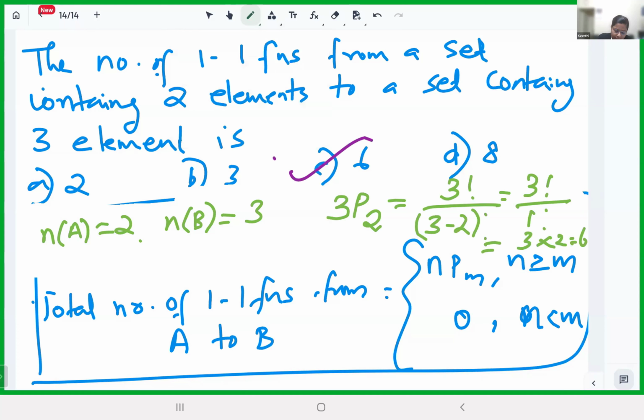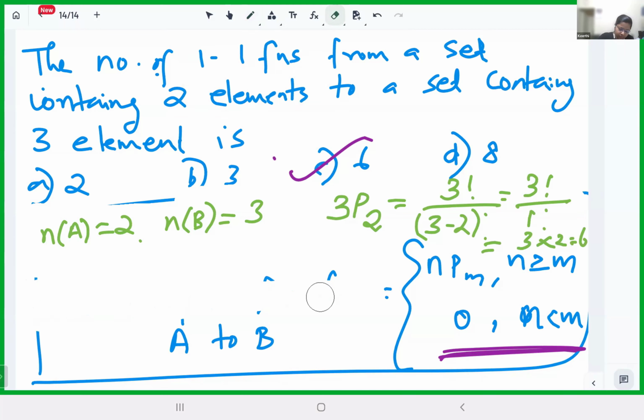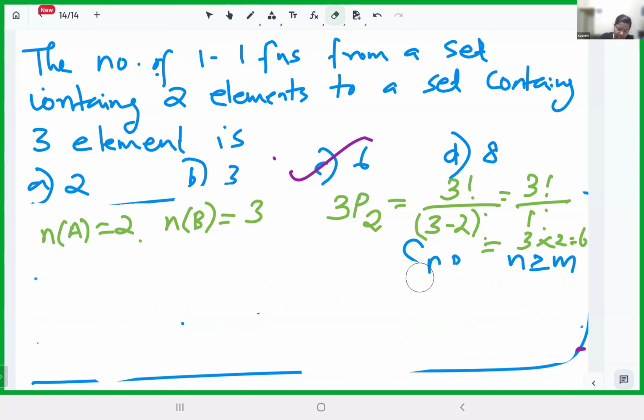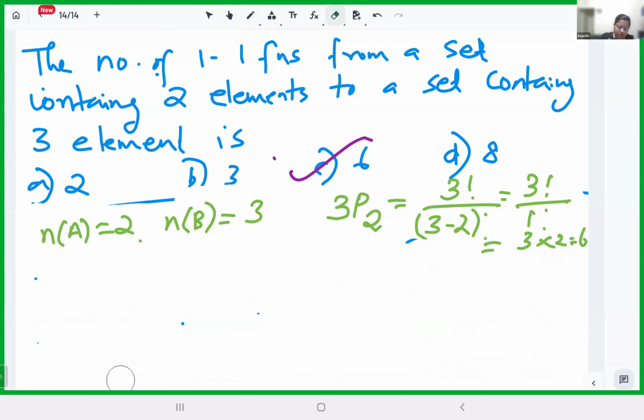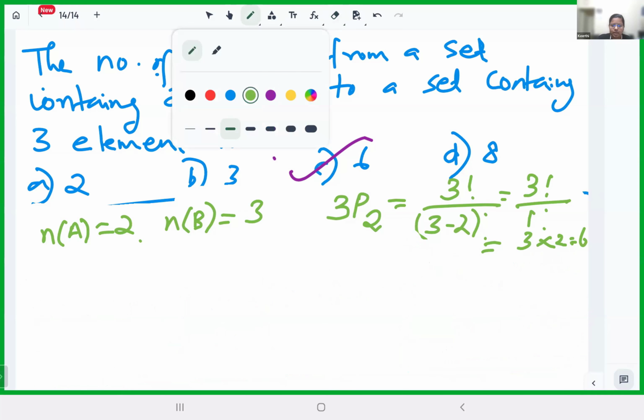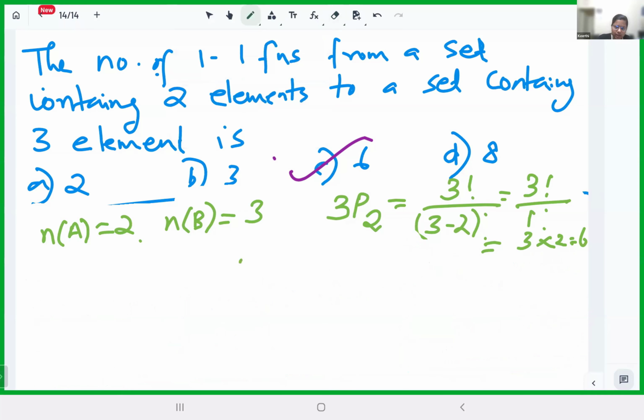All right. So what will happen if n is less than m? I'll show it with an example. If n is less than m, that is, if the first set contains fewer elements than the second set, then there will not be any one-one function, that is 0, right? n less than m gives 0.